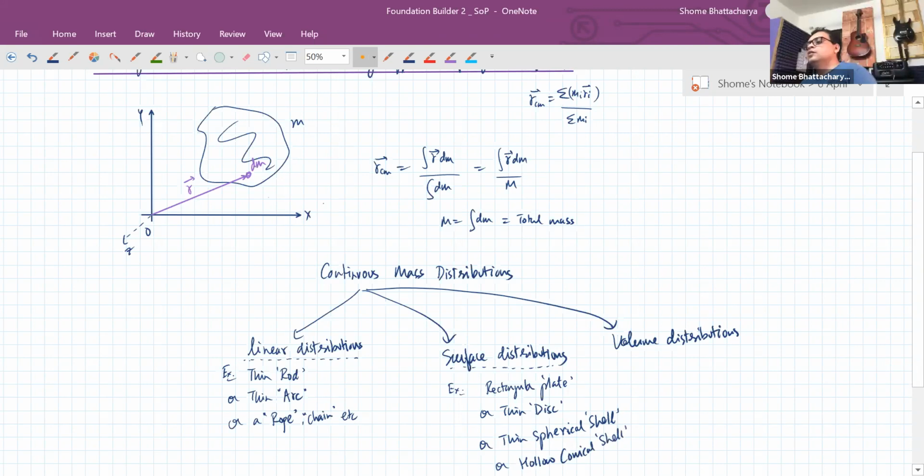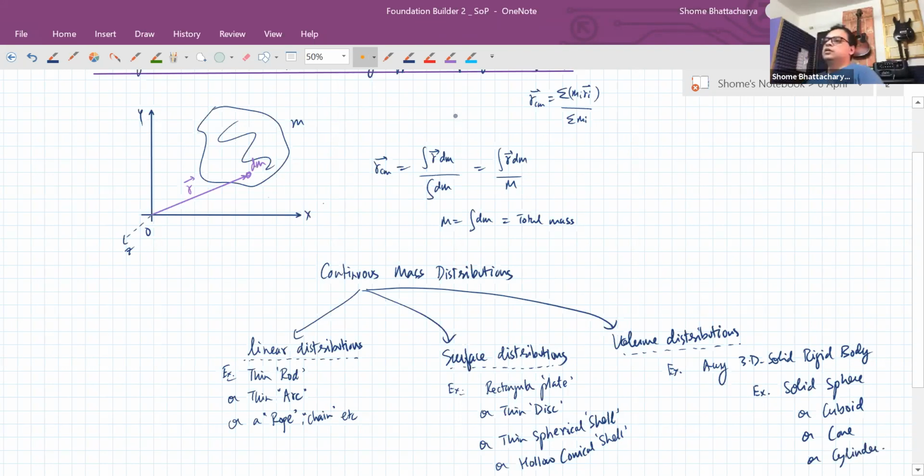So these are all examples where mass is distributed over a surface, and volume distributions are very easy to understand. Any three-dimensional solid rigid body, for example a solid sphere or cuboid or cone or cylinder, or any such thing.